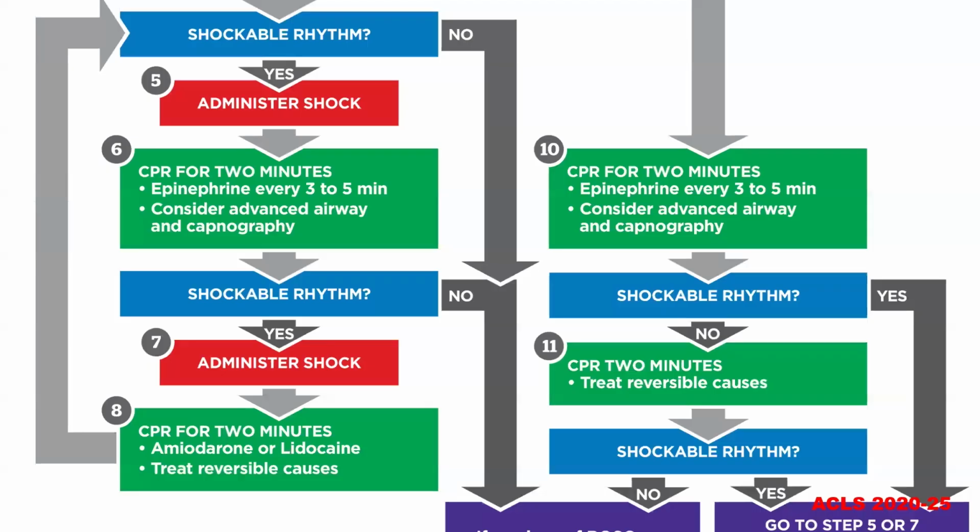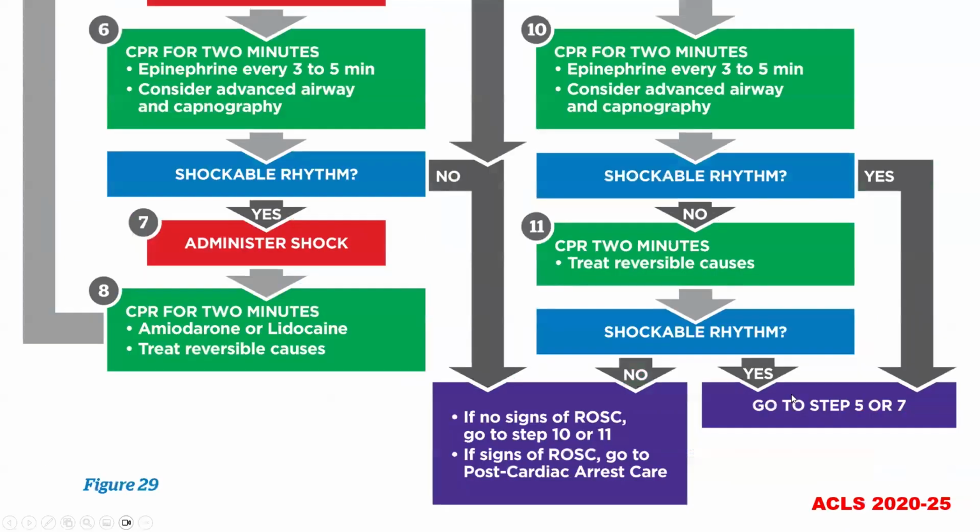We typically do every 3 minutes. Consider advanced airway and capnography, and keep looking for shockable rhythm. When you get a shockable rhythm, it is easy to reverse them back to sinus rhythm, and continue high quality CPR. If there are no signs of return of circulation, keep doing it.